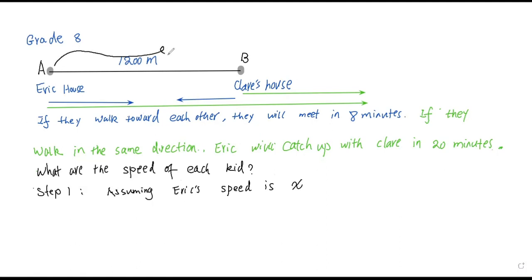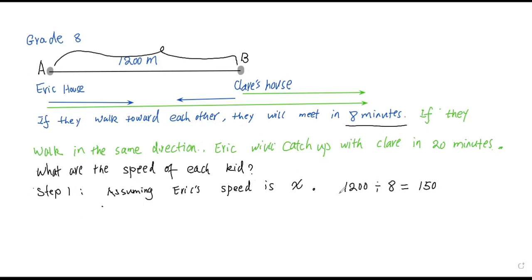If that's the case, most students will be able to understand that Eric and Claire were able to finish 1,200 meters in 8 minutes. So we use 1,200 divided by 8, which is 150. It should be the summation of Eric's speed and Claire's speed.